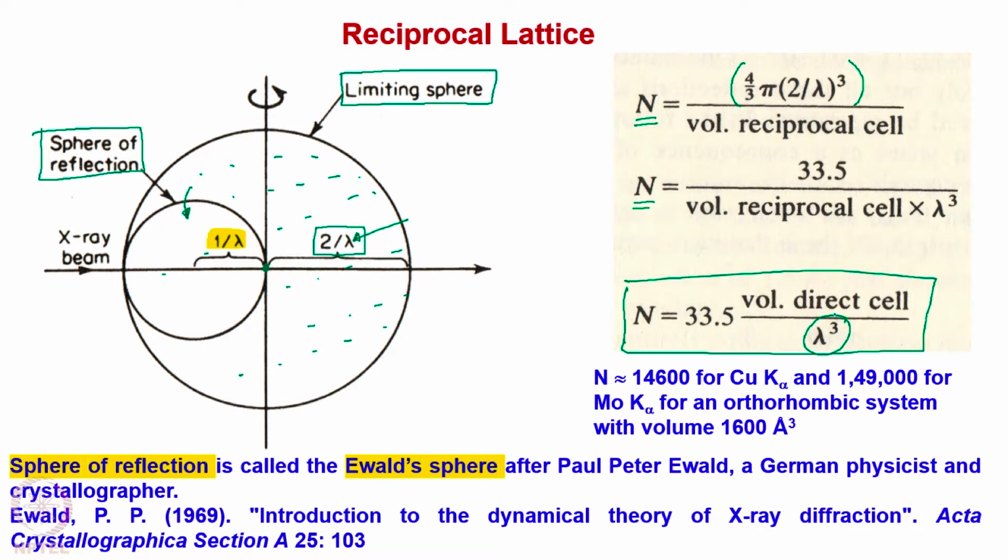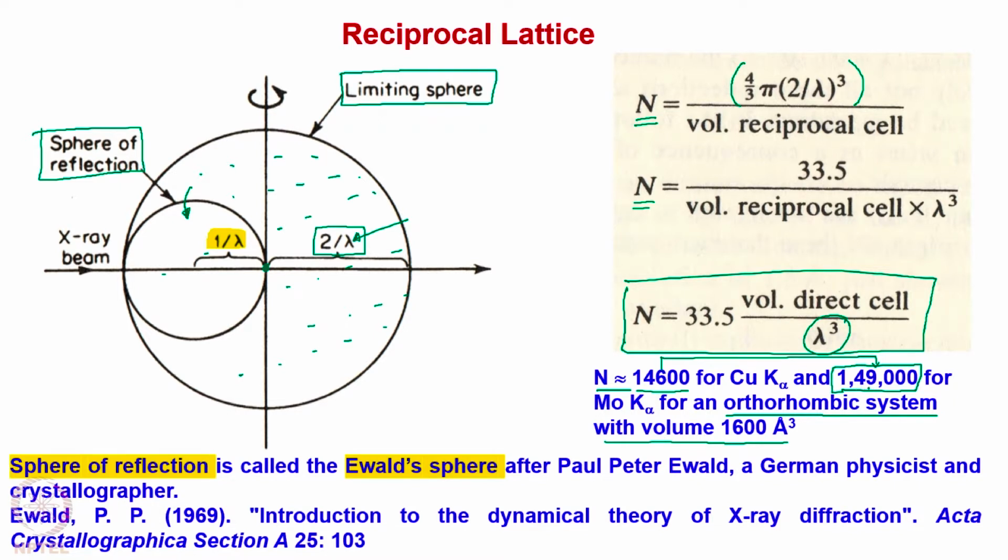Just for one example, when we have an orthorhombic unit cell of volume about 1600 cubic angstroms, if we use copper K alpha radiation, which has wavelength of 1.54 angstrom, one can get about 14,600 reflections, whereas if somebody is using molybdenum K alpha radiation, this number of reflections suddenly jumps to 1,49,000 reflections.